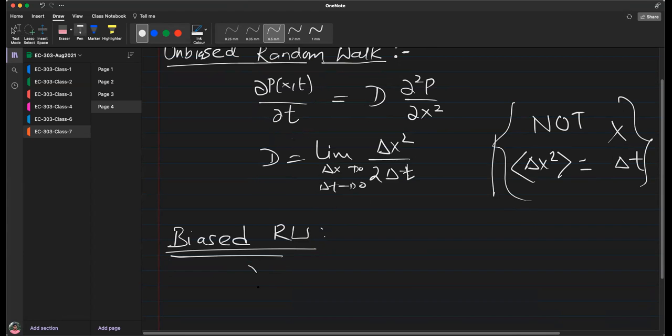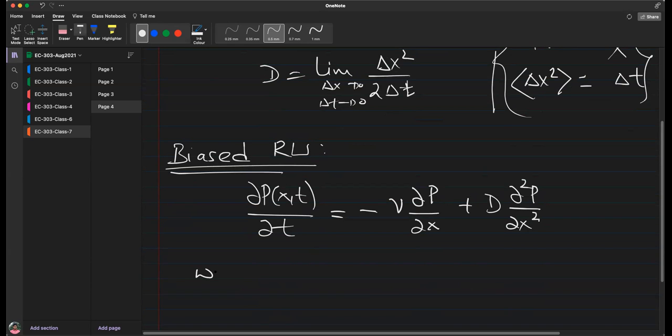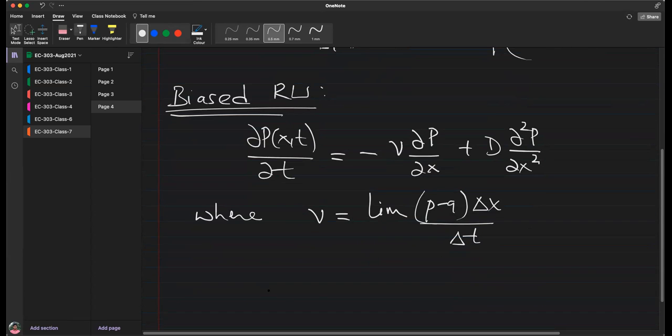The diffusion equation that's expected is as follows: minus v dp/dx plus D d²p/dx², where v is the limit of p minus q, and D is the limit of the corresponding expression.